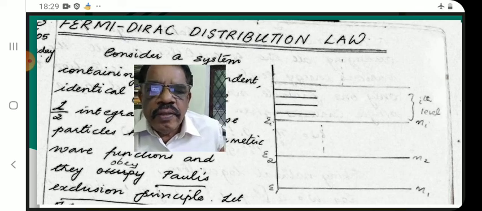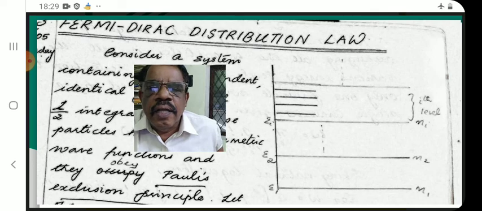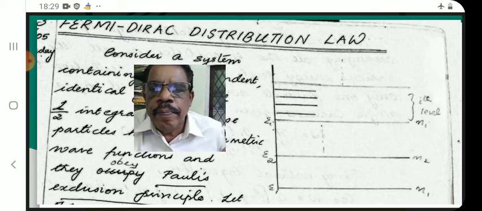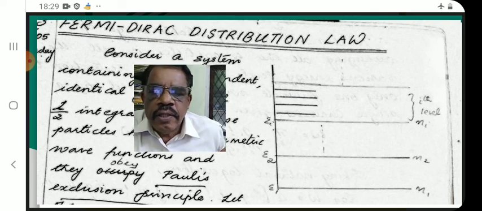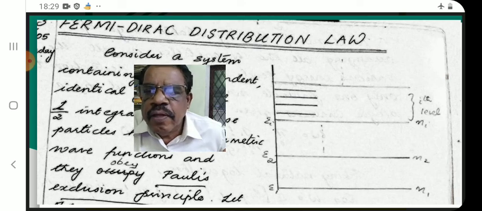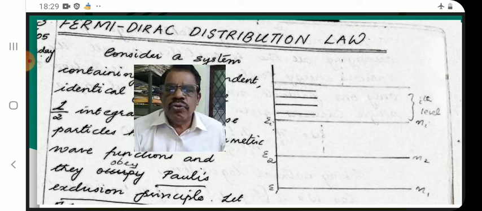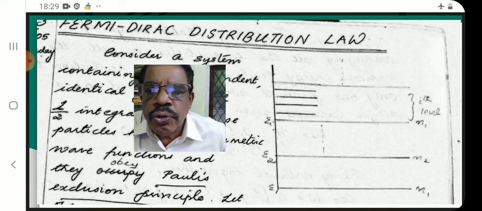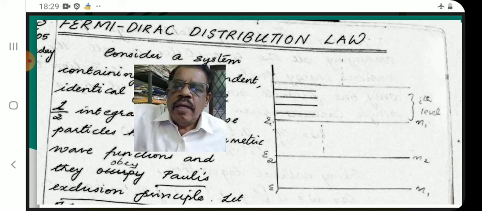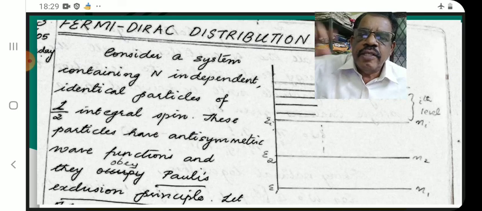The occupation numbers N1, N2, N3, Ni, etc. are also marked in the figure. The energy levels are marked, and the number of particles in the given level is also represented in the figure. So you draw this figure first. And now you see what is Fermi-Dirac distribution law.